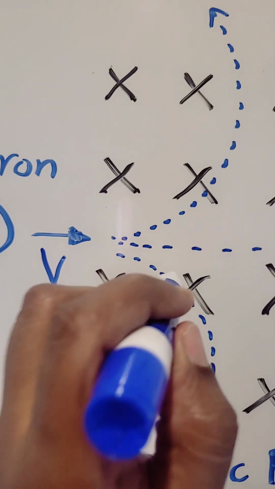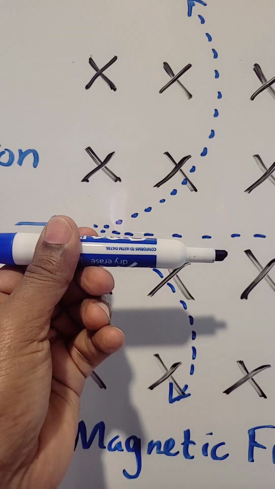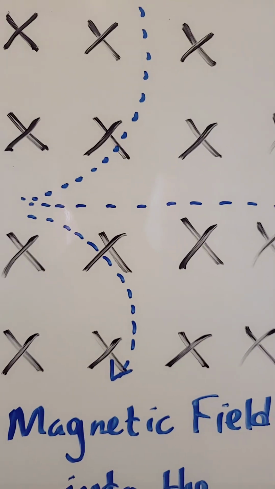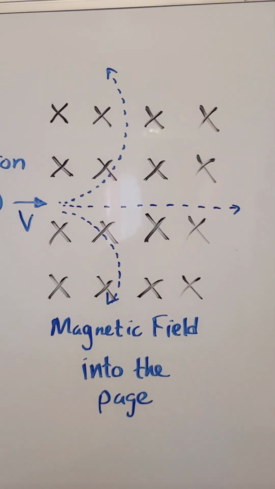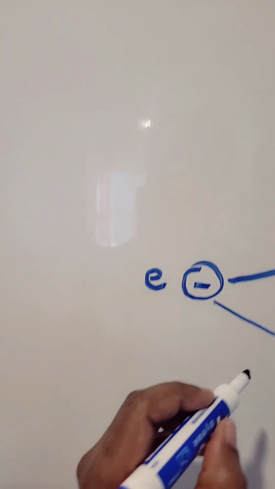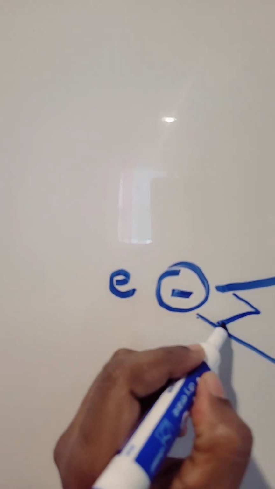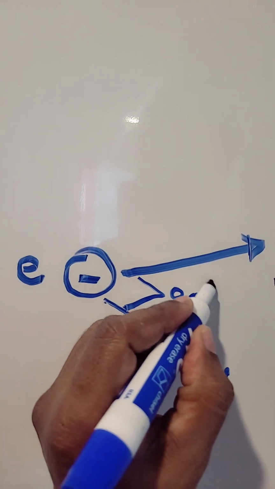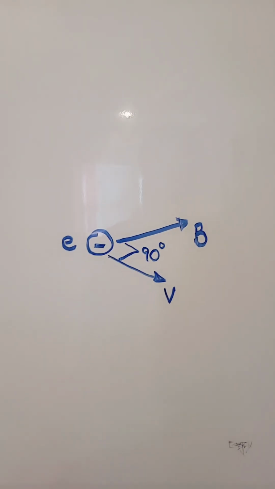What do you think the angle between those two vectors is? It's 90 degrees. That's right.